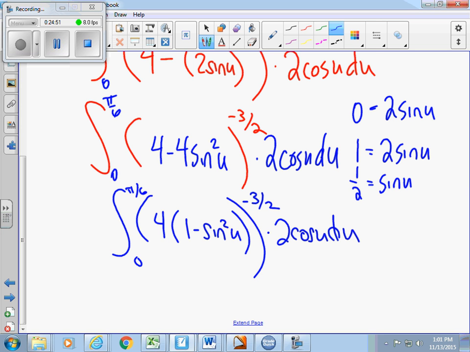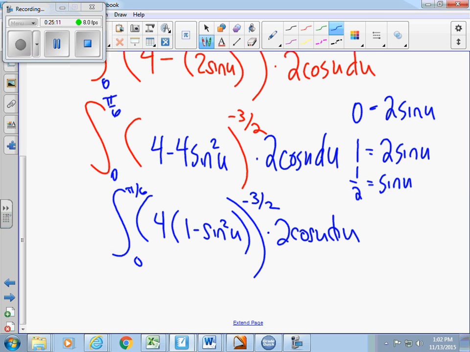Why is that nice? Because 1 minus sine squared u is cosine squared. And is it nice to have one single function under that square root? So it's a fancy trig substitution to allow you to use a trig identity.